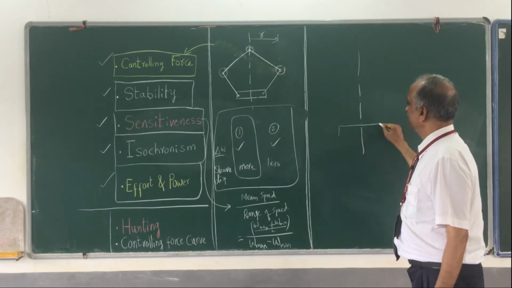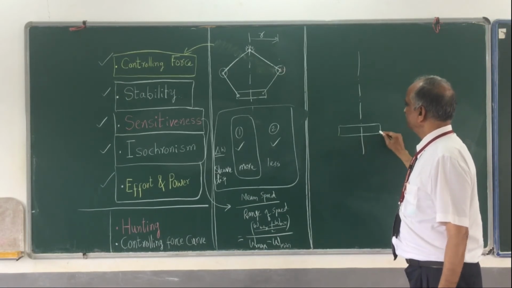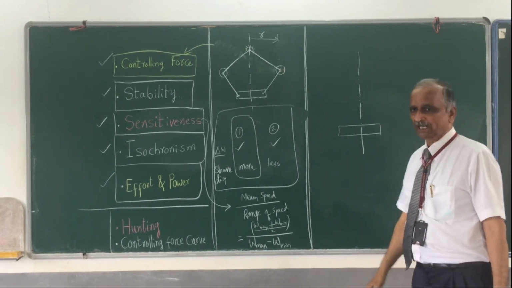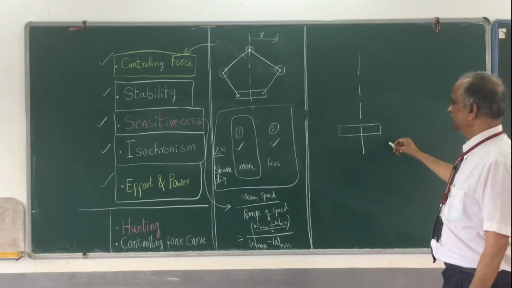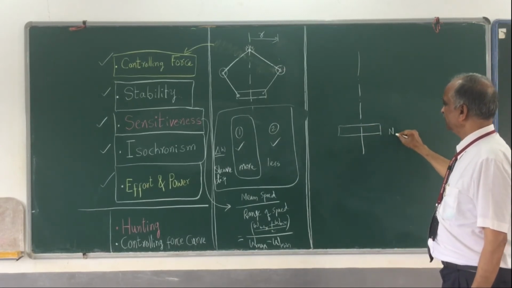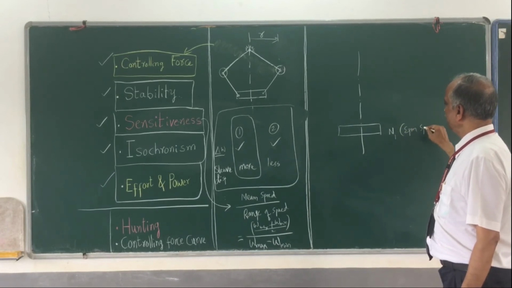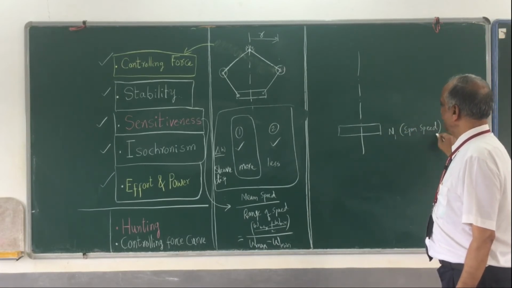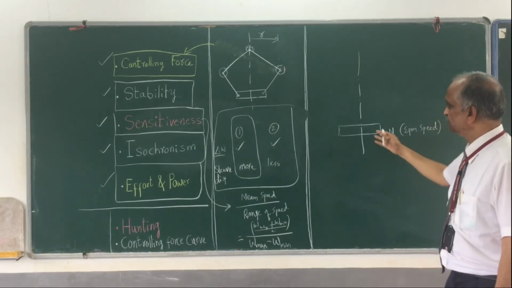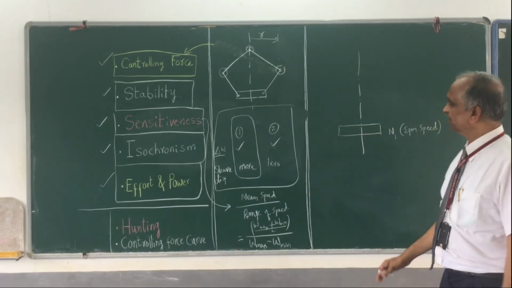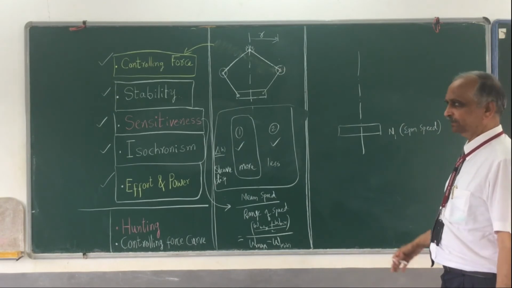Consider a governor spindle; I have shown only the axis and the sleeve. Let me assume that N1 is the equilibrium speed, and the sleeve position is shown.